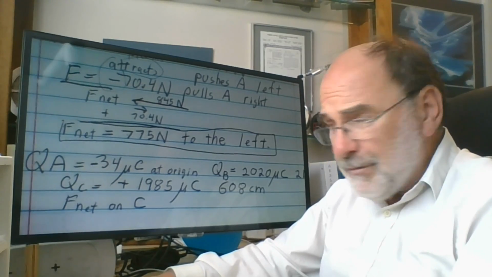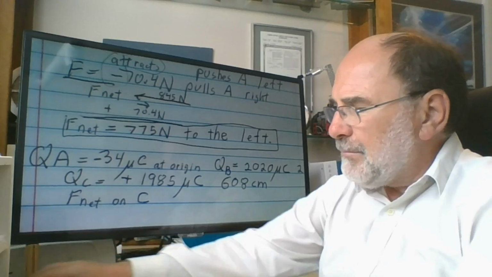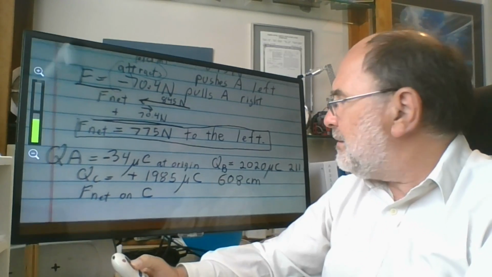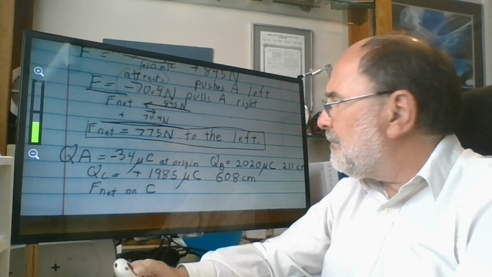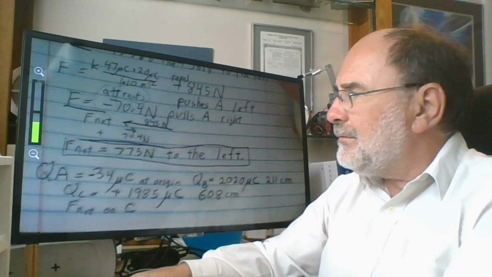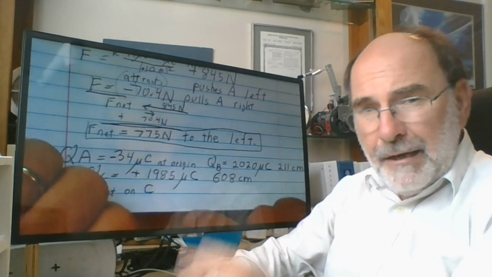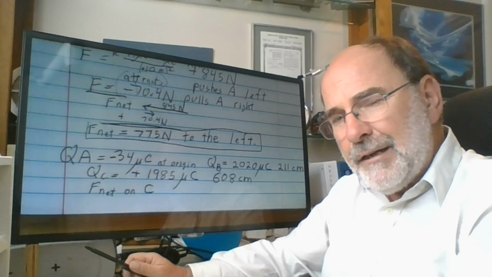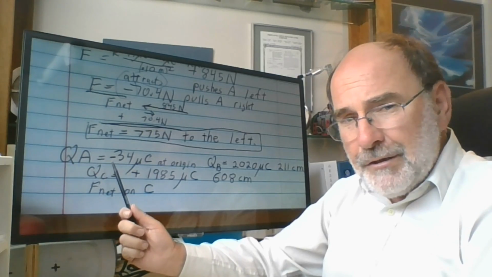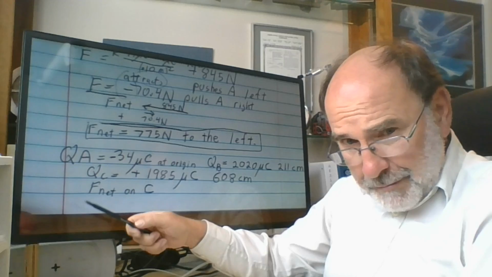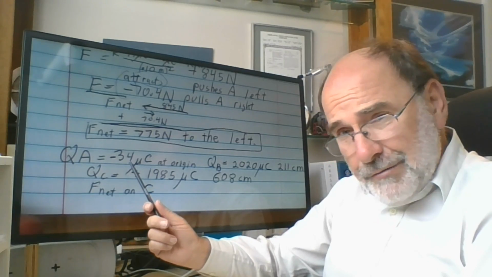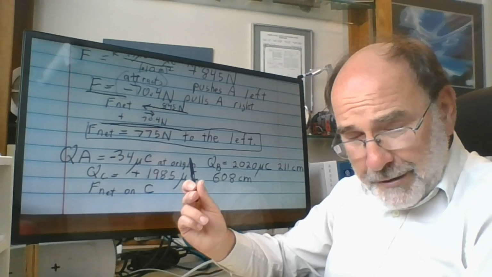The problem stated once again. I suppose you can see all the information. I can read it to you once again. I have 3 charges. They're all in a straight line. The first charge I'm calling charge A, so it's totally different from the problem above it. It has a magnitude of negative 34 microcoulombs and is located at the origin.